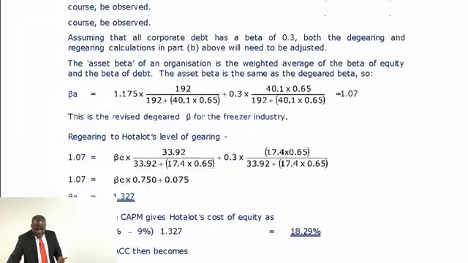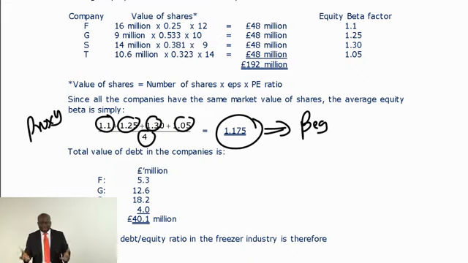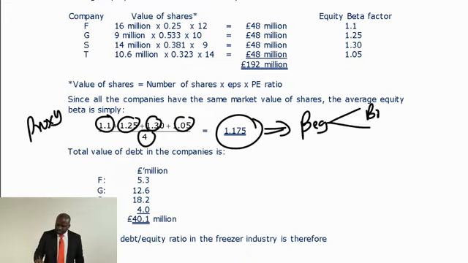So we are dividing it by 4, and this is the average beta. But because they are geared, this becomes the average geared beta. Okay, we want the average. So I've got the average geared beta, which is measuring both business risk and then what? Financial risk.